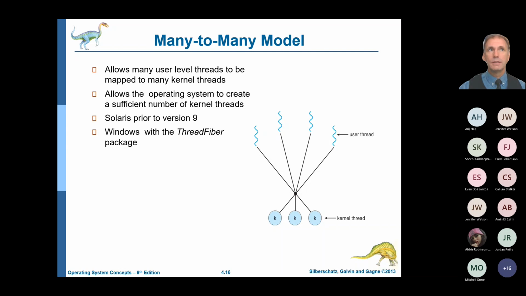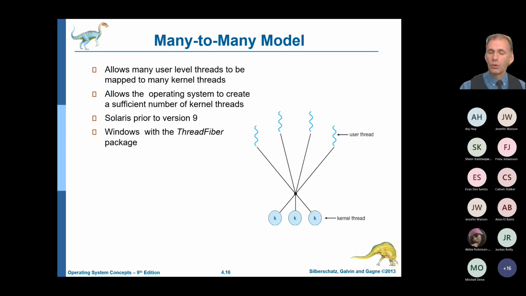Another way of doing it is to have a many-to-many model. Here you simply say, right, okay, I want all these threads, chuck them at the kernel and say, you sort it out. And again, different operating systems will support this in different ways. So as I've mentioned there, Windows has something called a thread fiber package.